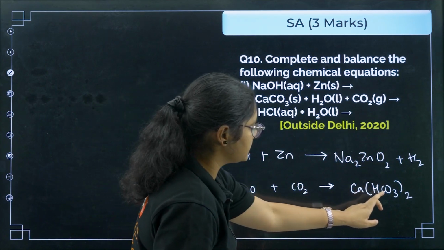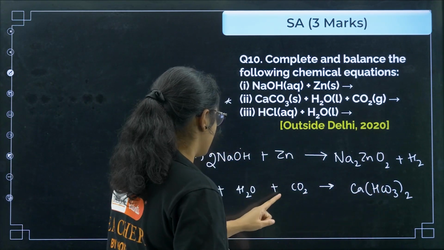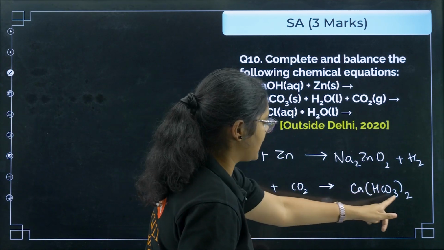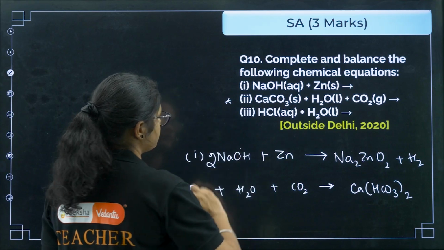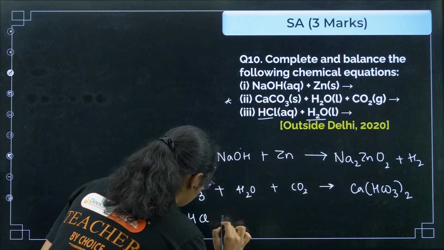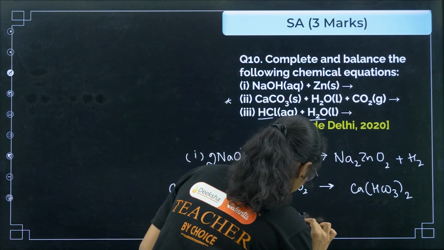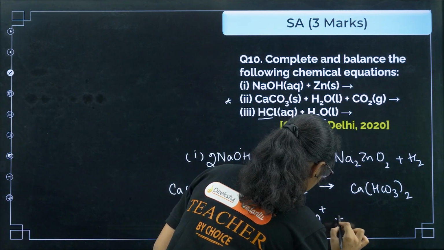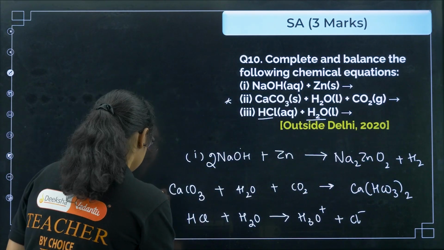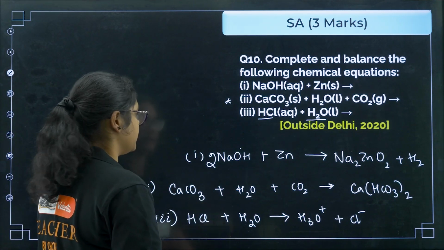Here we have two carbons, then we have two hydrogens, and then we have 6 oxygen, and here also 6 oxygen. Yes, this is also balanced. Next, HCl plus H2O will give you H3O plus Cl minus.